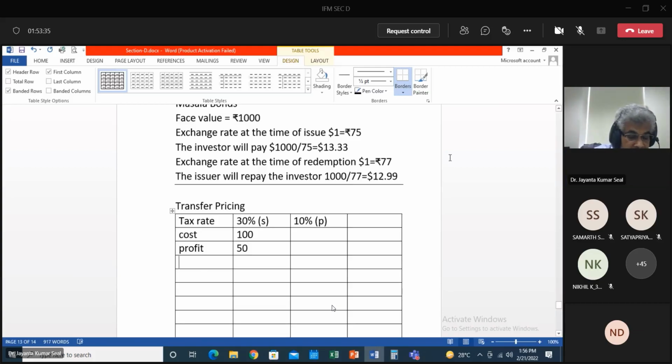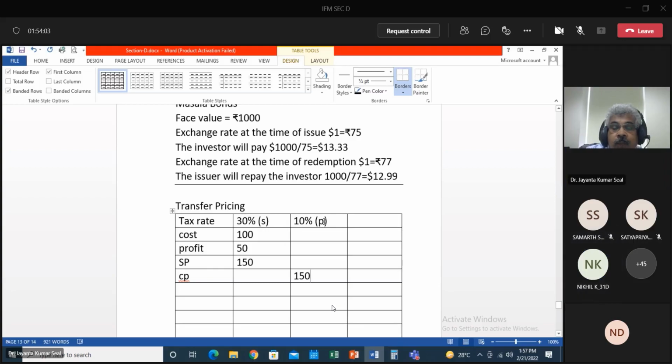So SP 150 here. So CP of this is 150. Yes or no? From subsidiary it is transferred to parent company. Okay.